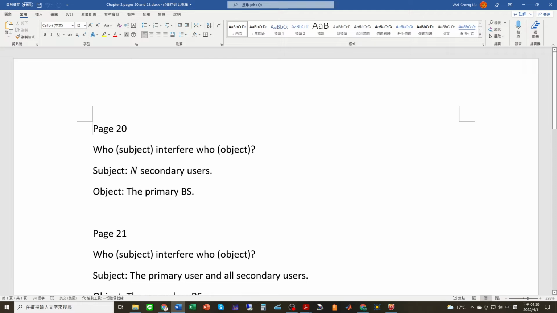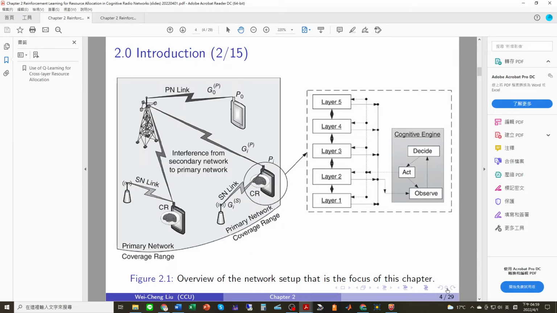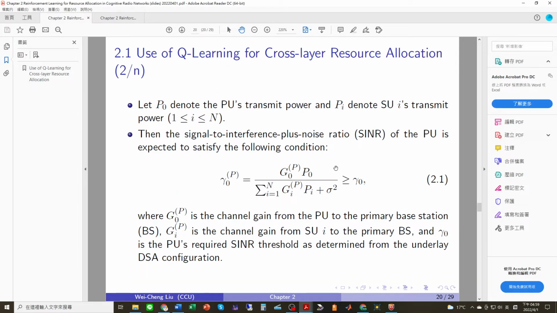And who is the subject? Let us see the slides, and back to page 20. In the denominator, let us see the first term. It is the interference power.